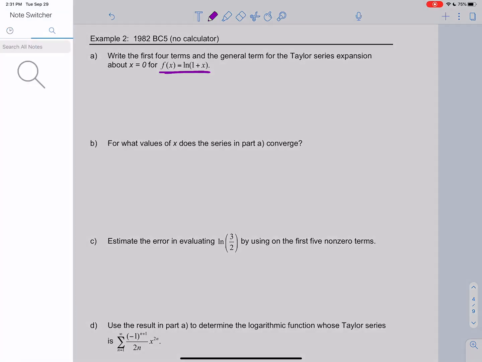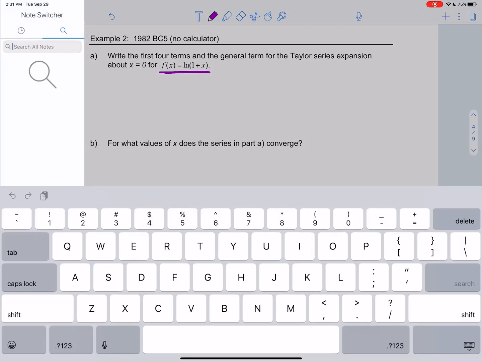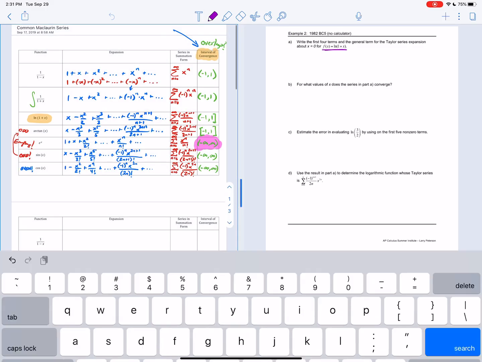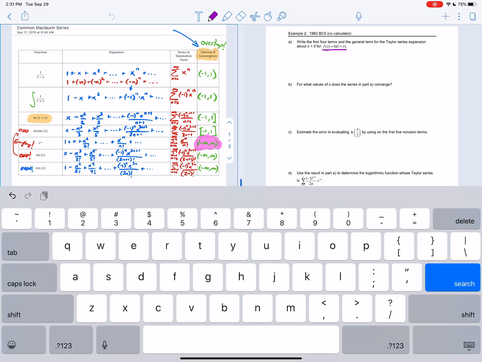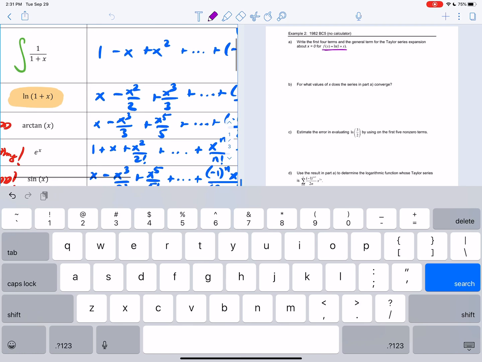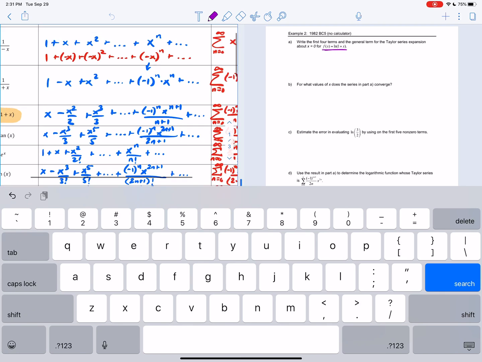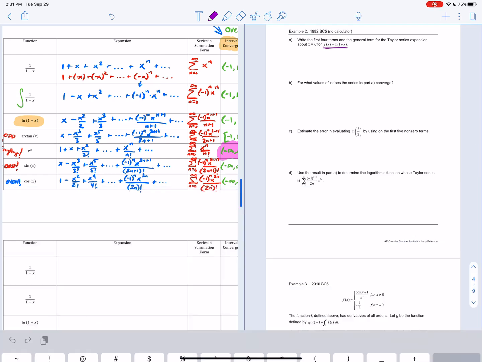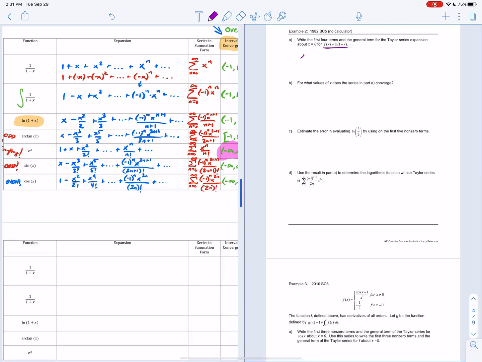Or if you remember the common Maclaurin series, the common Maclaurin series over here for the natural log of 1 plus x is just x minus x squared over 2 and so on. So make sure you guys have these out in front of you here. All right, so here I have x.